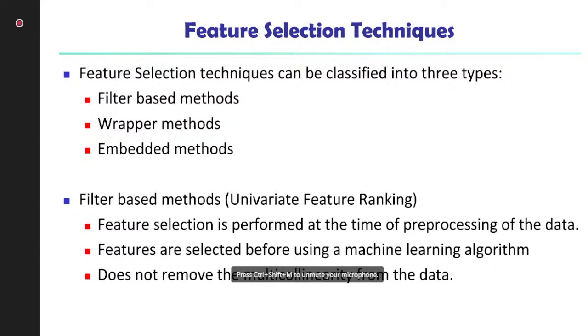Right. So the filter based method, as I told you, is a univariate feature ranking method. Here we assess the power of each and every feature individually, and we generate a rank of them.